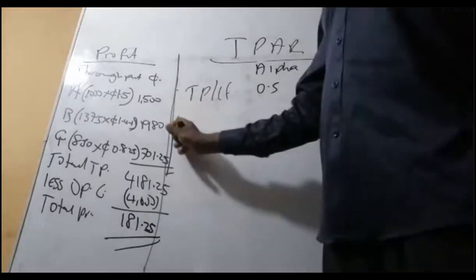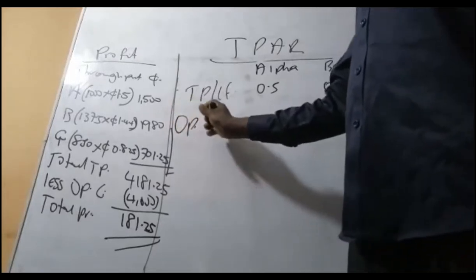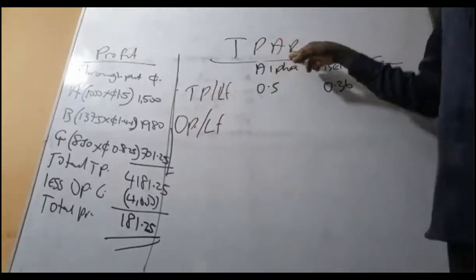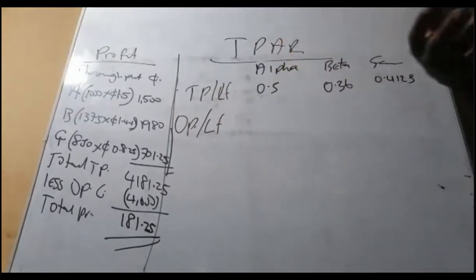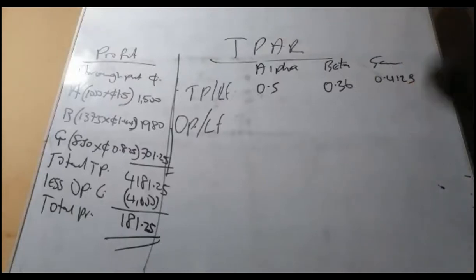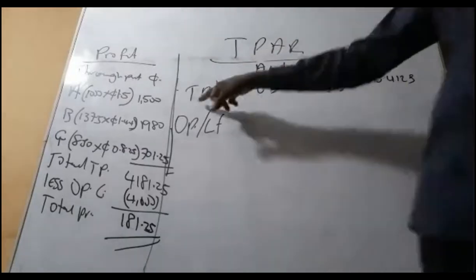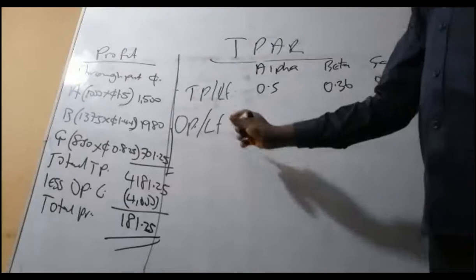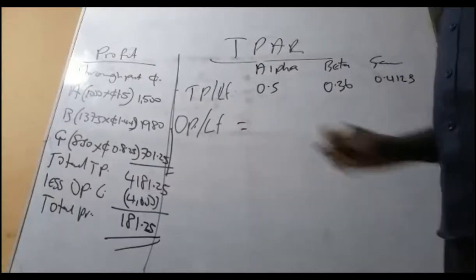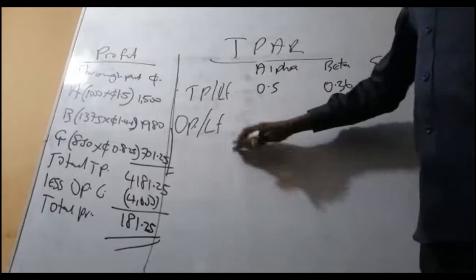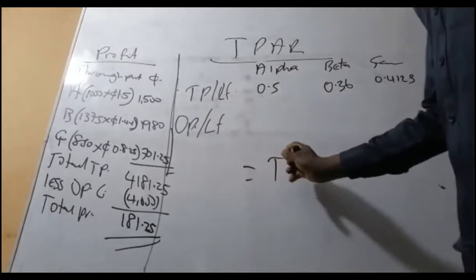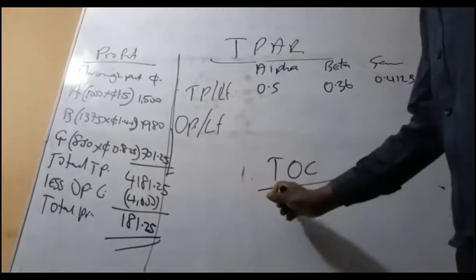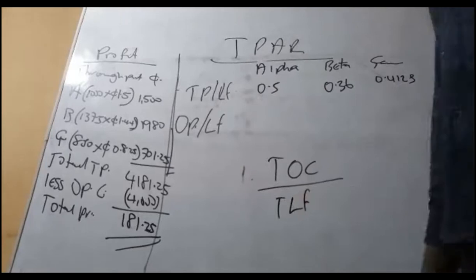So what is left is we have to now determine the operating cost per limiting factor. Throughput accounting ratio basically explains the profitability level, so your profit or your return over your cost. That's all. How do you get operating cost? The operating cost per limiting factor is equal to the total operating cost divided by the total limiting factor.